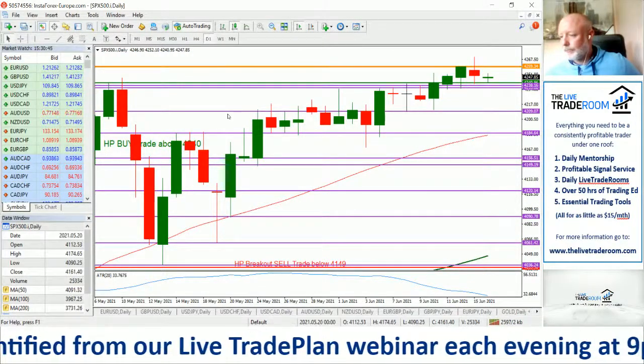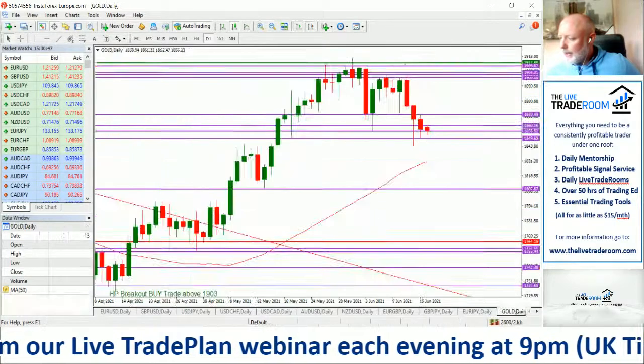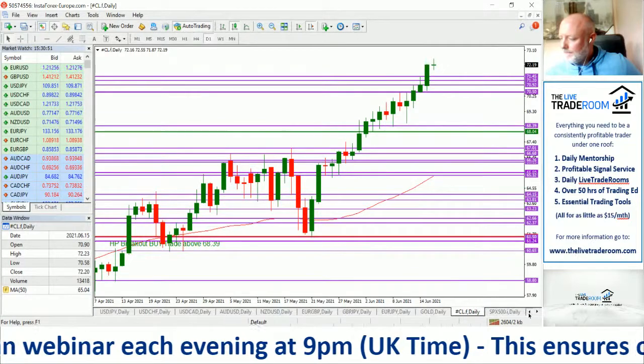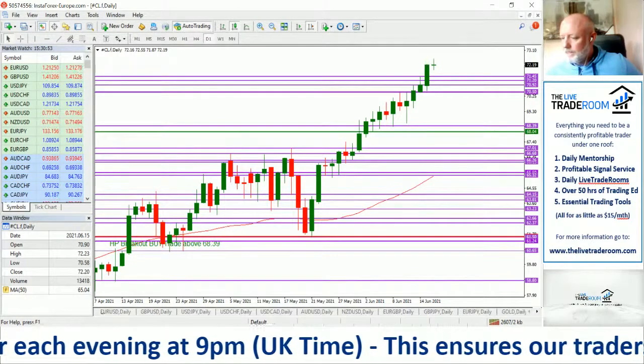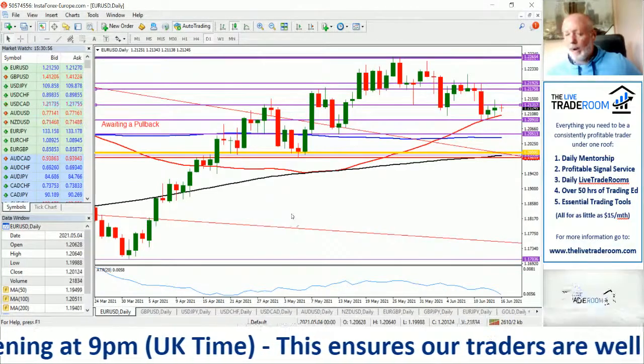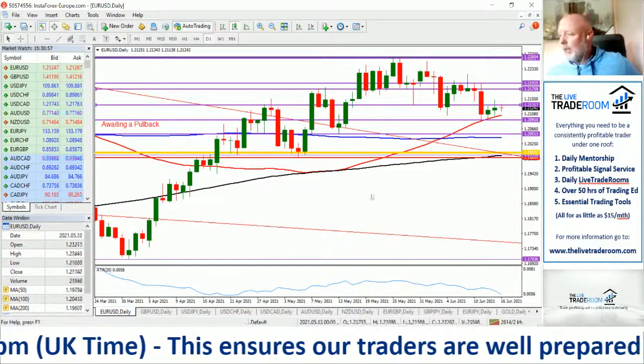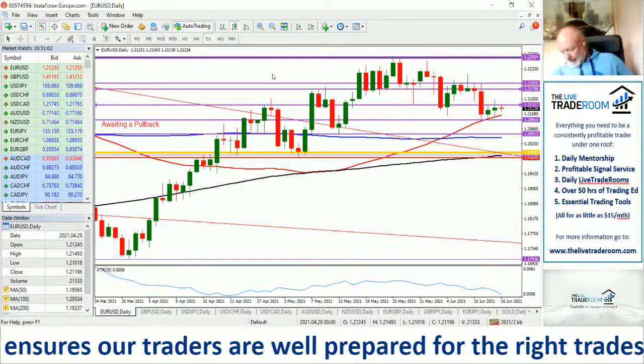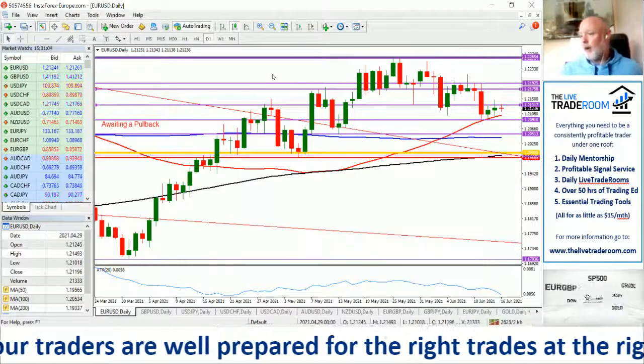So let's keep hold of our capital. Let's not commit it to any particular trade in any particular direction. Let's see what we get from the FOMC later on.